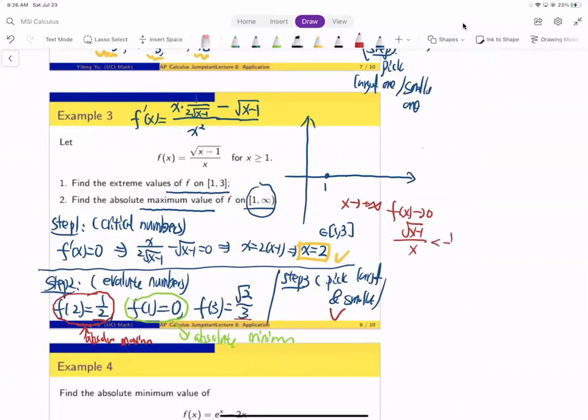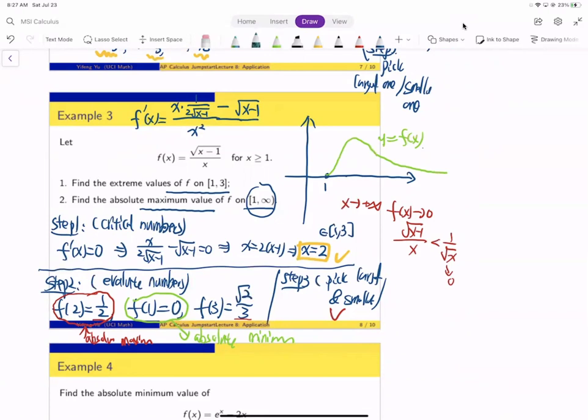This is less than the square root of x over x, and it goes to 0. So the graph will look like this. This is the graph of the function y equals f(x).